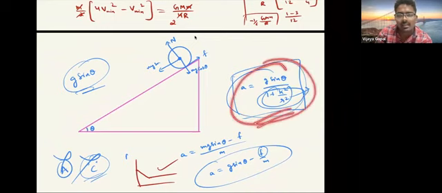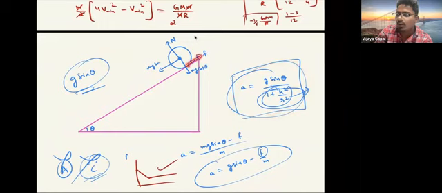If this acceleration is fixed, will this friction be fixed or not? Because what is the acceleration formula? Net a equals (mg sin theta minus F) by m. So when acceleration is fixed, what will happen to the friction? It will be fixed. But initially it will just be slowly starting.